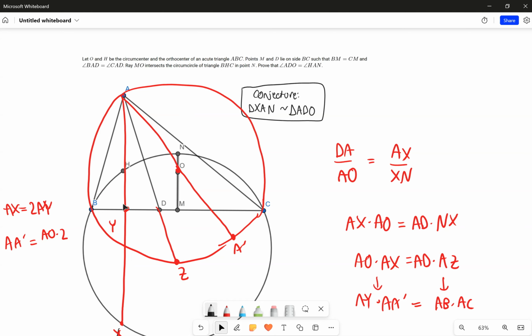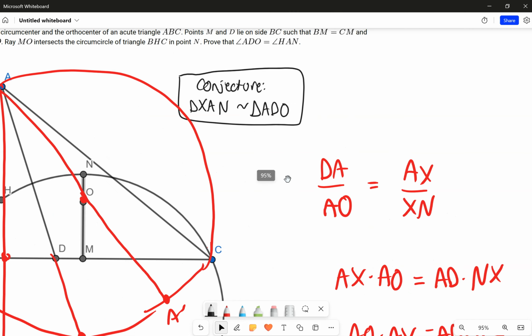So the point Y, which is the intersection of the perpendicular from A to BC, ends up going to A prime, the intersection of the reflection of AH across the angle bisector with the circumcircle. So Y goes to A prime, and therefore AY times AA prime is equal to AB times AC. And we are done. So we have indeed proved that these triangles here are similar.